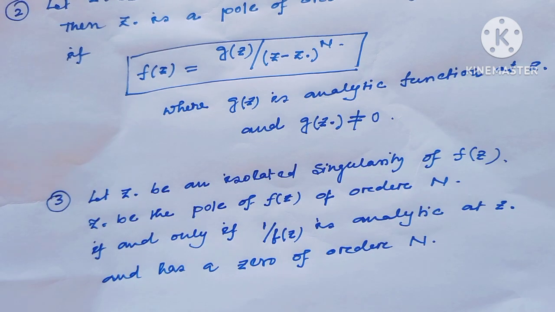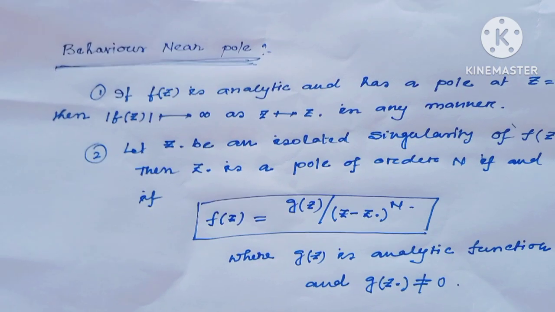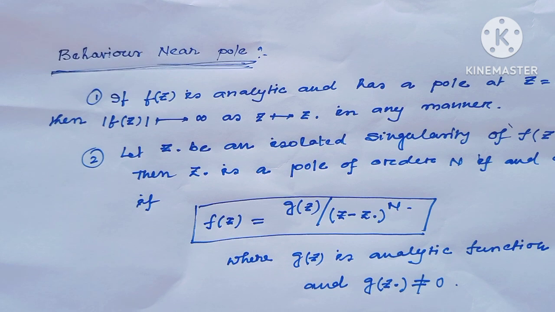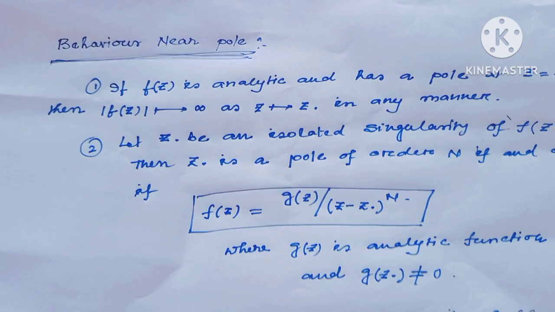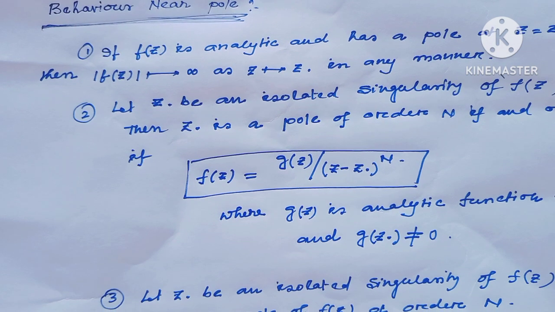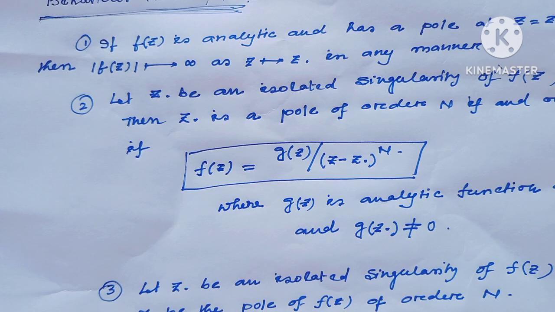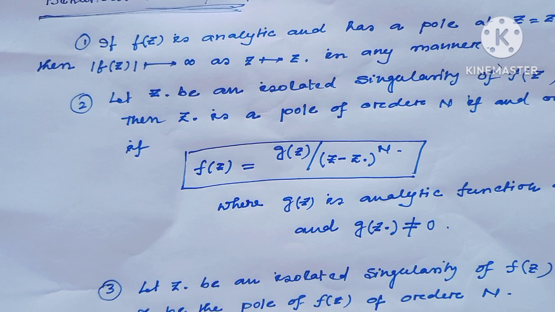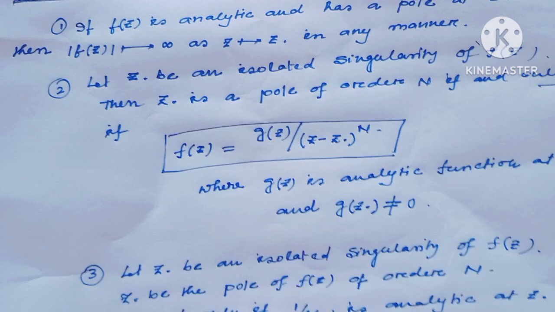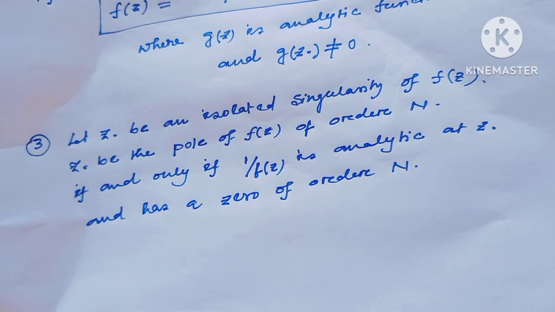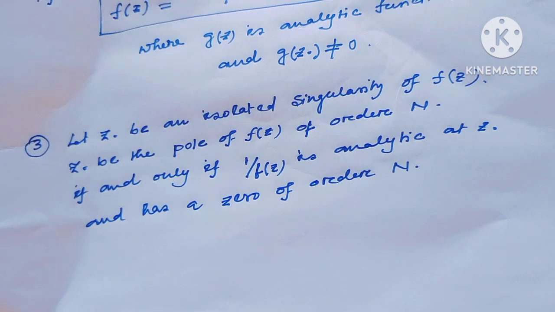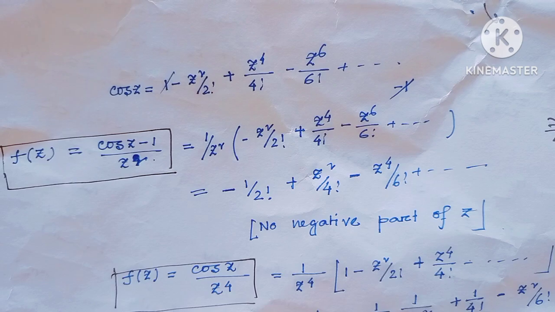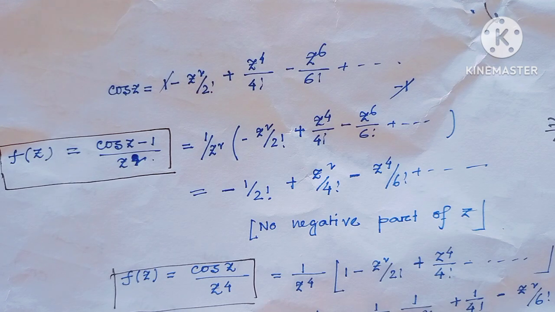This is all the behavior near a pole. Today's goal of this lecture is to see the behavior when an essential singularity exists. But at first I will see some examples of singularity.